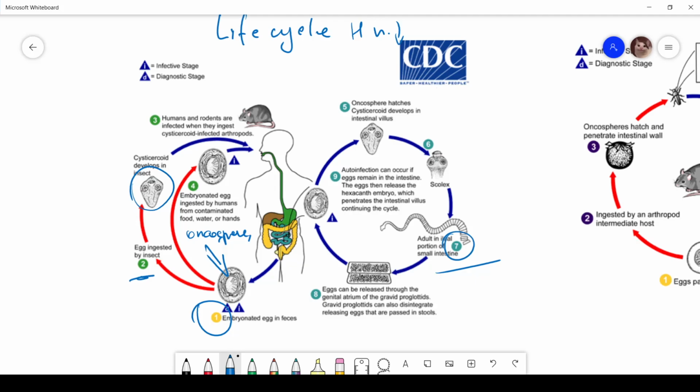An alternate mode of infection consists of internal autoinfection, where the eggs release their hexacanth embryo, which penetrates the villus, continuing the infective cycle without passage through the external environment.